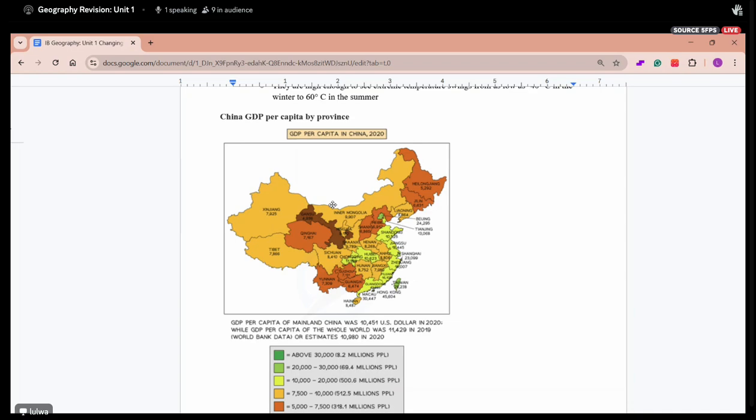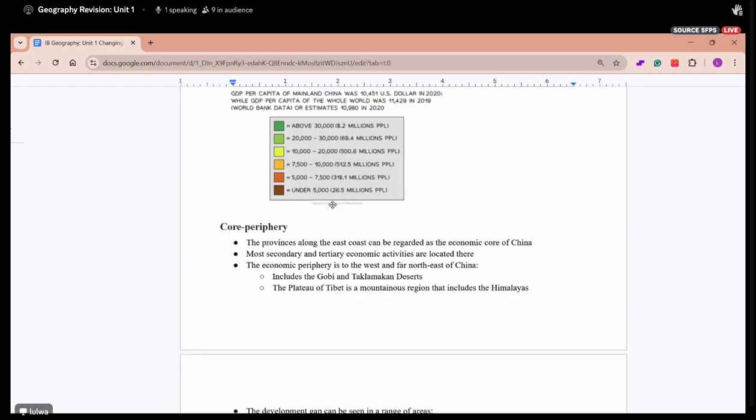And so you also have core periphery models. The provinces along East China can be regarded as the economic core of China. So they're the central economic hubs of the country. And most secondary and tertiary economic activities are located there, so tourism and manufacturing.